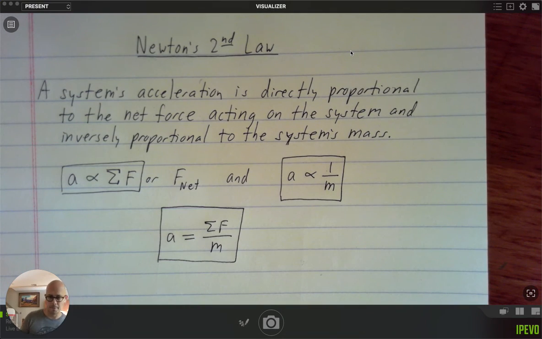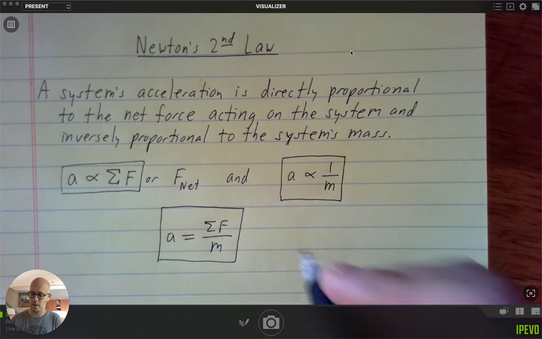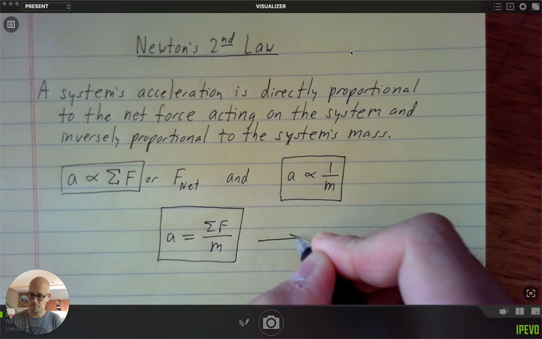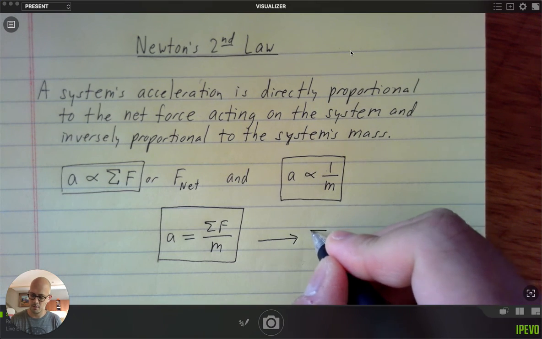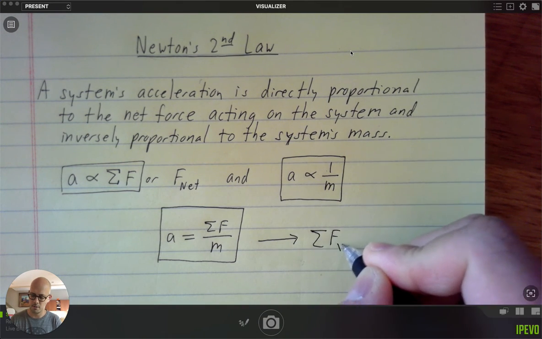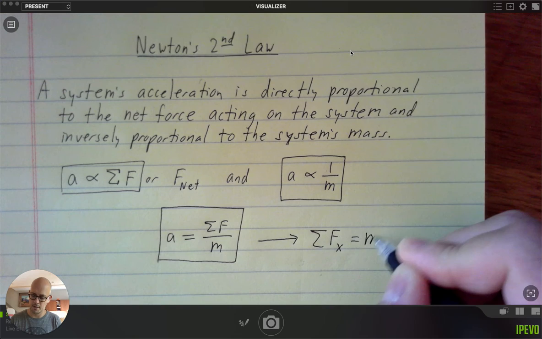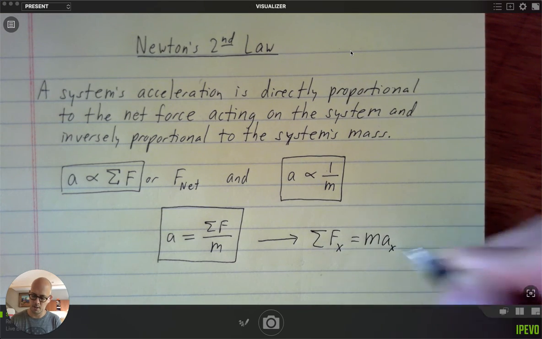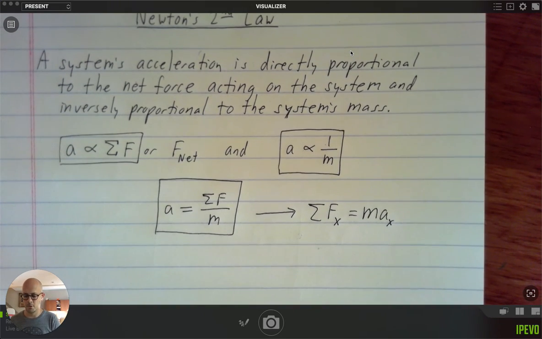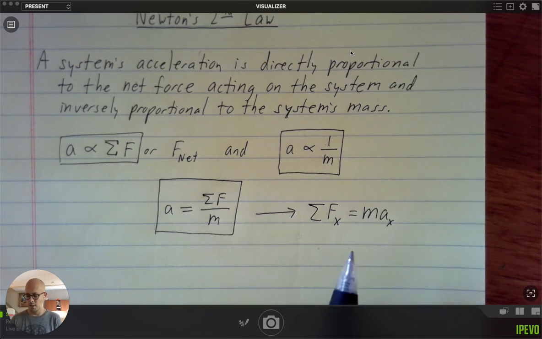So that's the big one. And so we're going to use this all over the place. The way that you see it written is like this: net force in the x direction equals mass times acceleration in the x direction. And so, force is a vector, and so it can point in any direction. Same thing with acceleration.